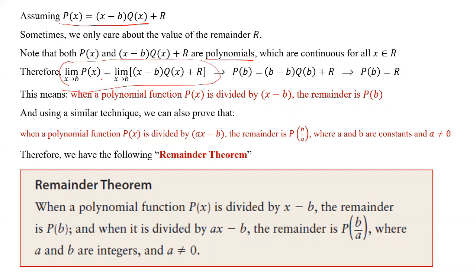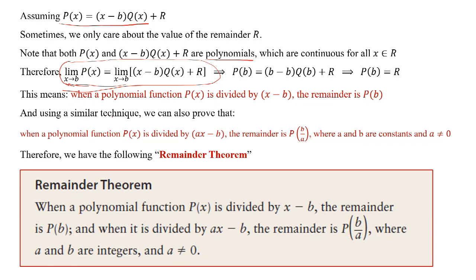Okay, so if you are not familiar with limits notation, it's okay. You can have an intuitive feeling that when a polynomial function p(x) is divided by x minus b, the remainder is p(b), right?